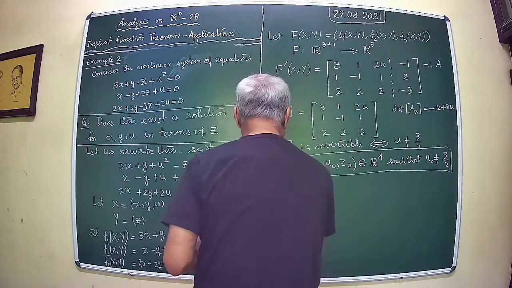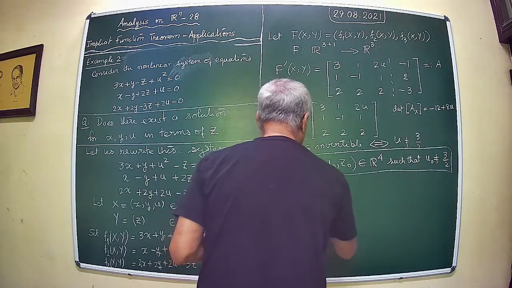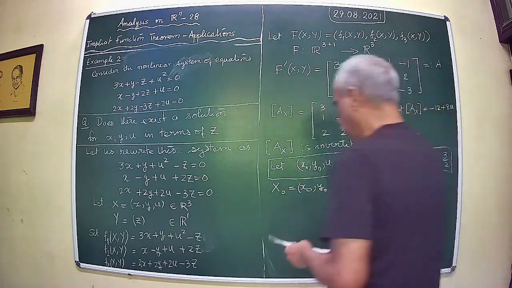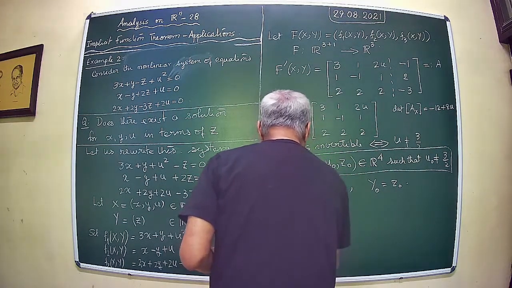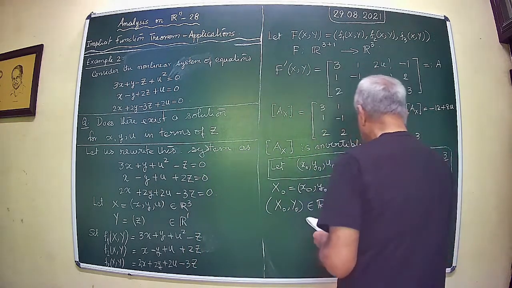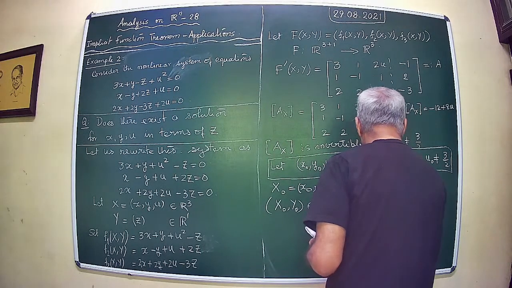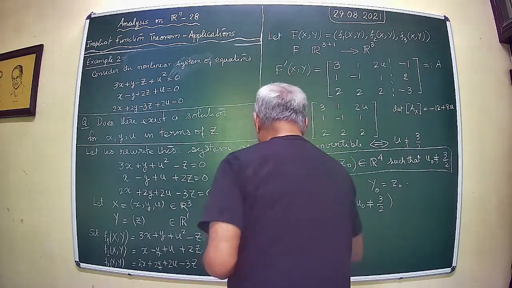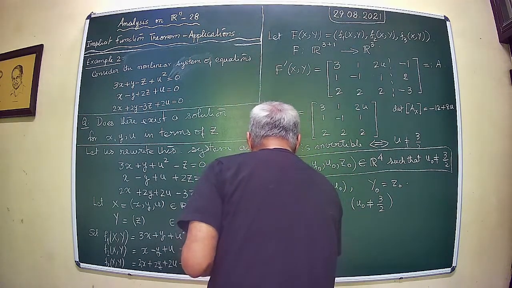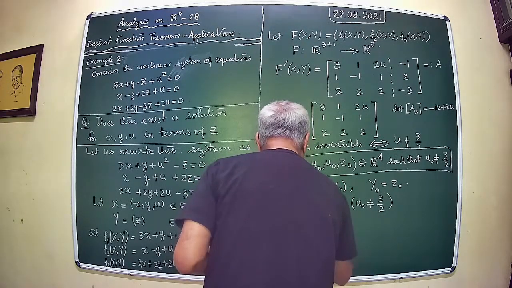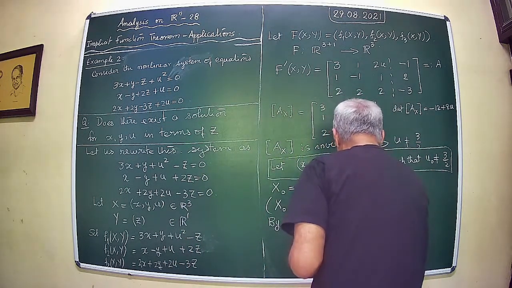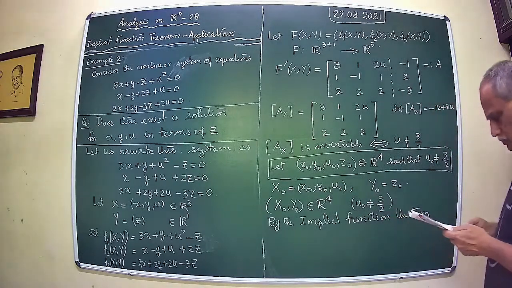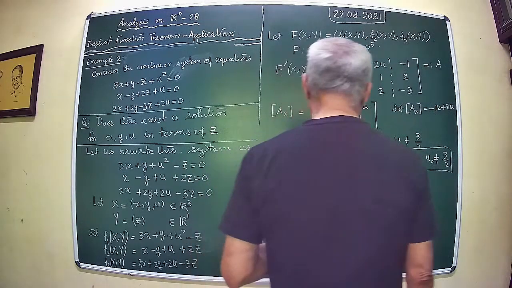So we take x naught equal to, then x naught in R4, and we have the condition that u naught is not equal to 3 by 2 by our stipulation, and you see that by the implicit, then we apply the implicit function theorem.